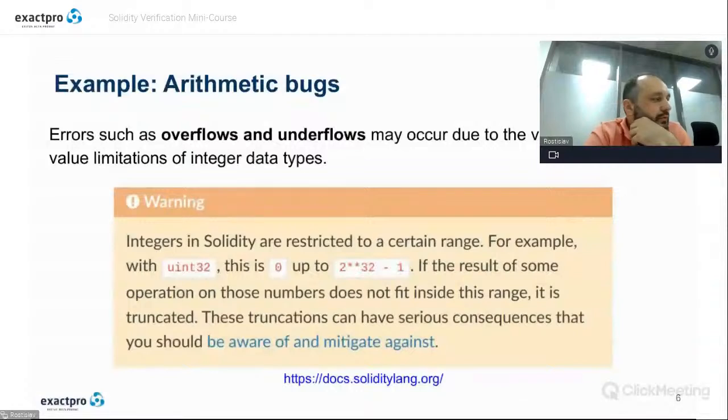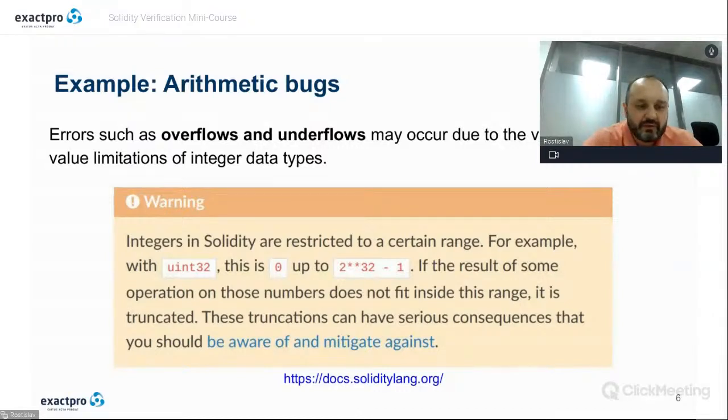Okay, let's go to a different example, and it's related to arithmetic bugs. On the one hand, you might say that arithmetic is always simple because typically, especially in functional applications, you don't have advanced algebra and calculus.